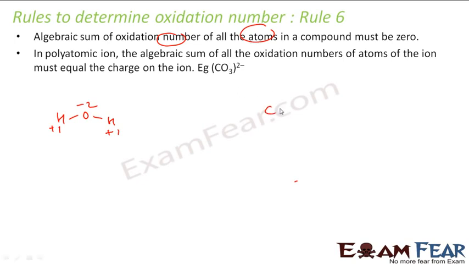For example, CO3 2 minus. So if each oxygen is minus 2, minus 2, minus 2, this is plus 4. If you add all this, it becomes minus 6 plus 4, that is minus 2, and that is nothing but the charge on the ion.